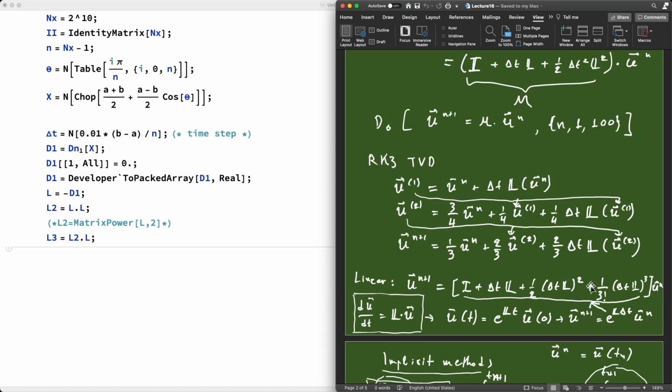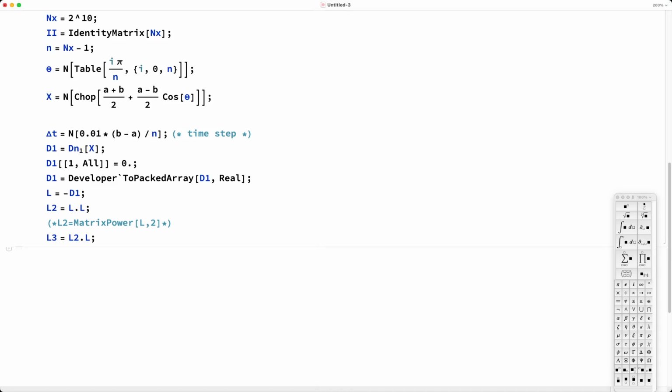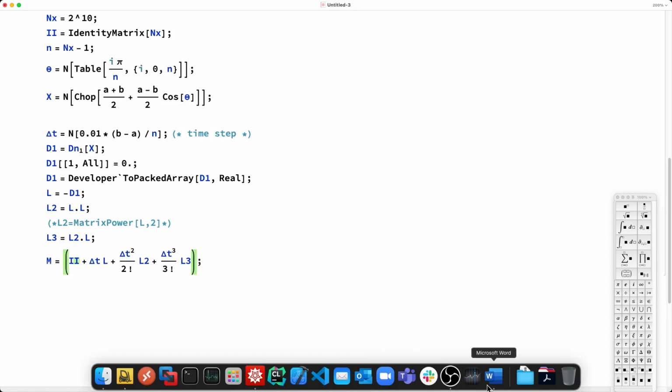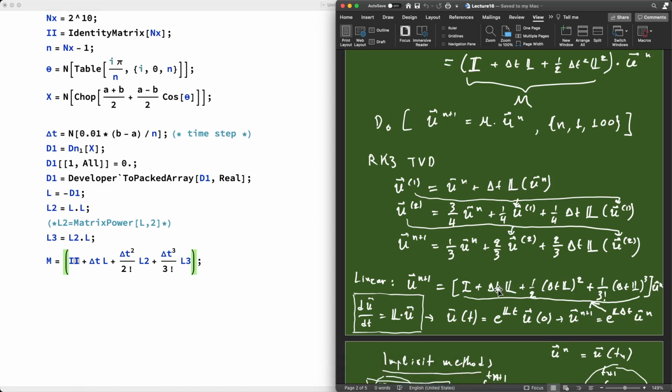Okay, so instead we're going to code this up, which is a bit simpler. So basically, this matrix, let's call it M, is the unit matrix plus what we see here, delta t times L plus 1/2 delta t squared L squared plus 1 over 3 factorial delta t cubed L cubed.